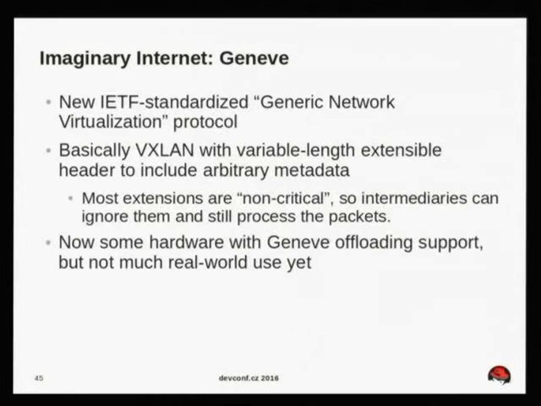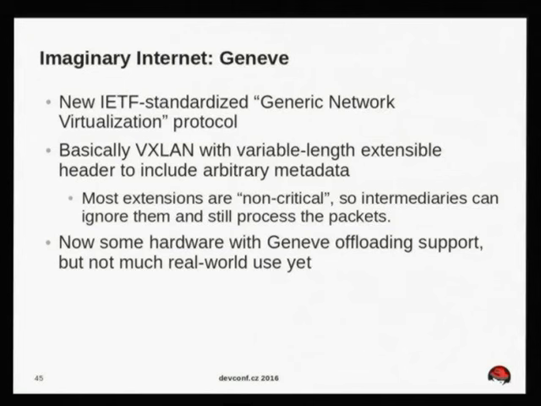So now there's a standard called Geneve, Generic Network Virtualization, which is mostly the same as VXLAN, except they've now added variable length extensible headers. Everyone seems convinced that we're going to need these at some point. I haven't actually seen any examples of what it will be used for, but everyone agrees we want to have extensions.